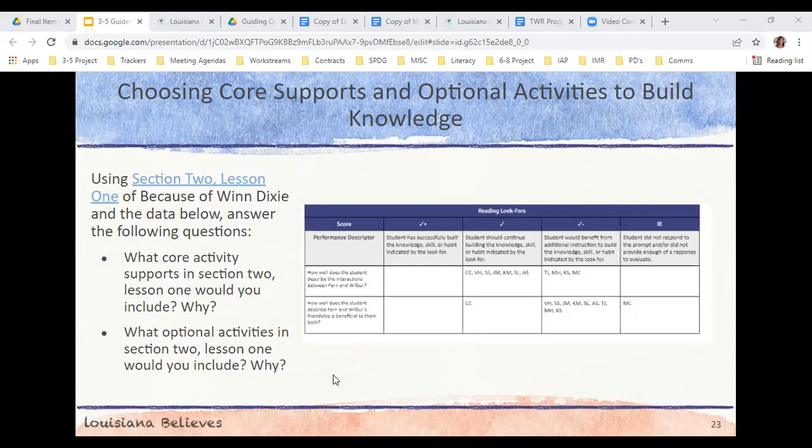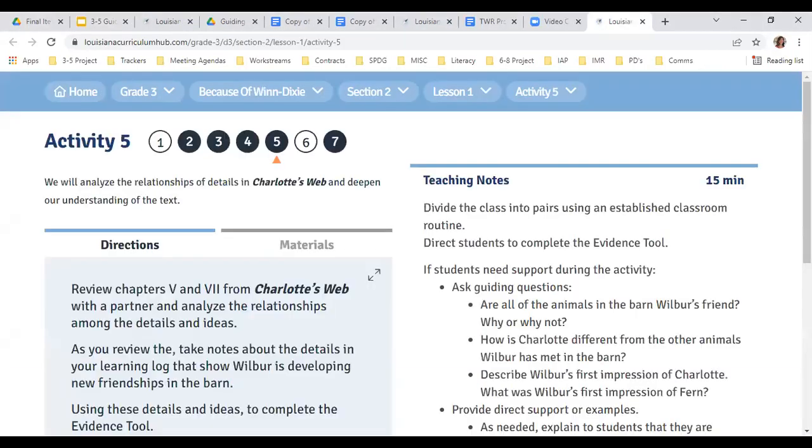So if the supports are included in that possible supports in that core activity, those are for teachers to use as needed. I just dropped in some specific activities that you can look closer at to find some connection to this data that's on the slide.